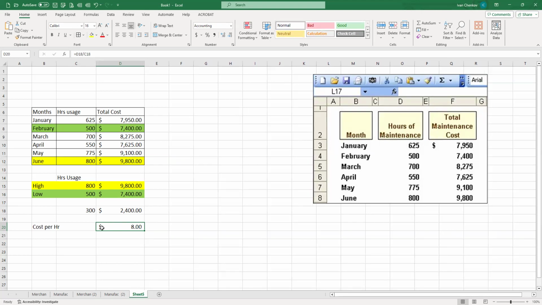Okay, so far so good. Now, Evan, I have a question. As you calculated, the cost per hour is $8. So if we put it back to the June number for the highest number, that should be 6,400. Is it correct? For the cost. But it's different from the number we paid in June actually.